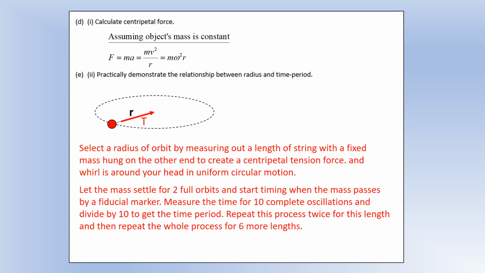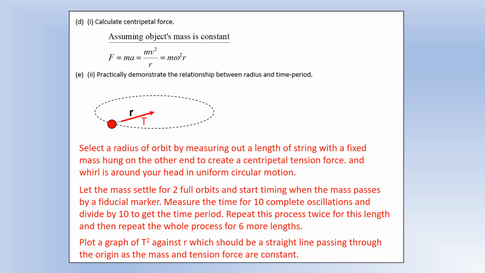And then we will change the length to 6 more radii and measure the time period at each radius. And what we should find is that if we plot a graph of T squared against r, it should be a straight line passing through the origin because the mass and the tension force are constant, which means we should get T squared directly proportional to r using the equations.